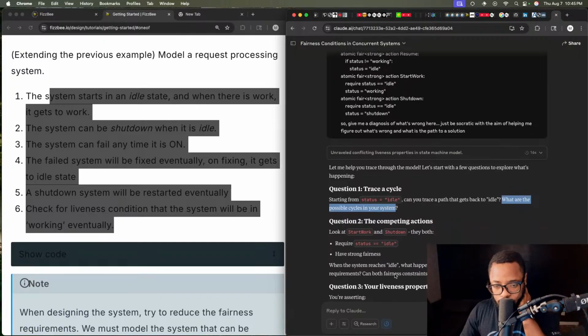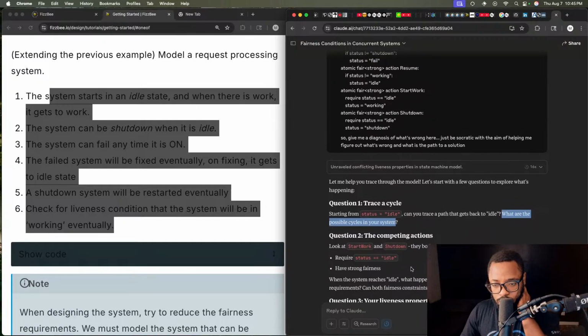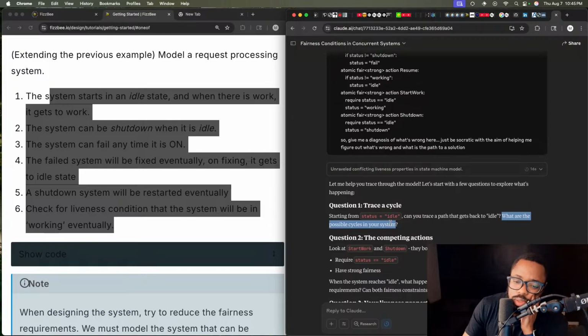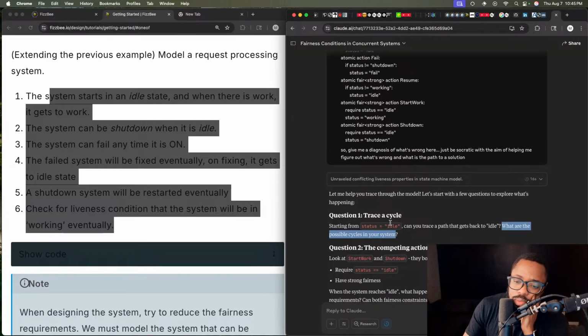Have strong fairness. When a system reaches idle, what happens with these two competing fairness requirements? Can both fairness constraints be satisfied? Interesting. Okay. When the system reaches idle, what happens with these two competing fairness requirements?